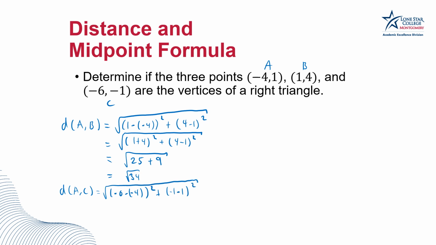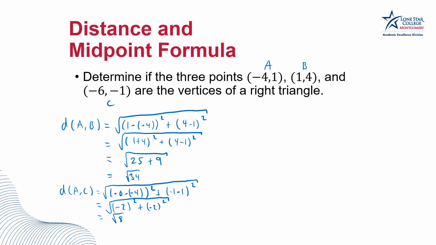So let's simplify this. Negative 6 plus 4 is negative 2 squared, plus negative 1 minus 1 is another negative 2 squared. If we square those, it would be 4 plus 4, which gives you root 8.